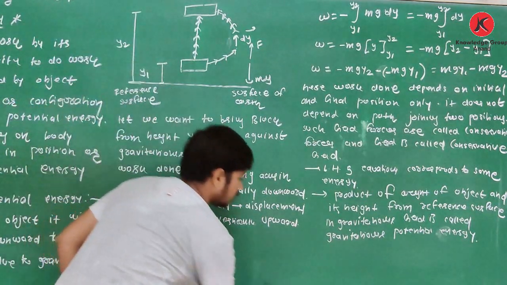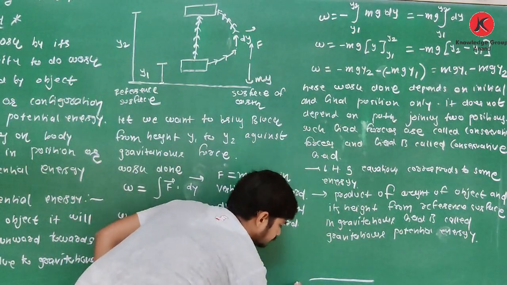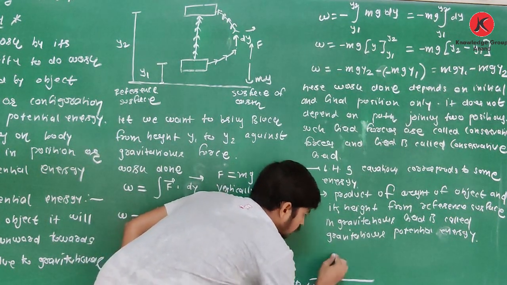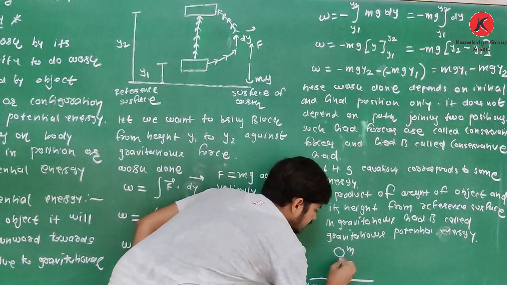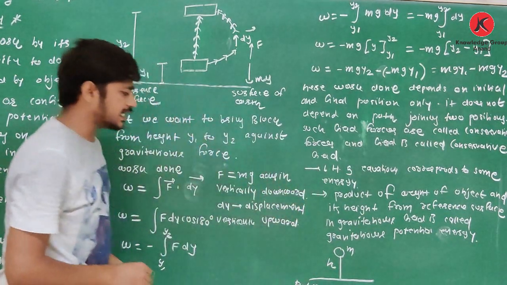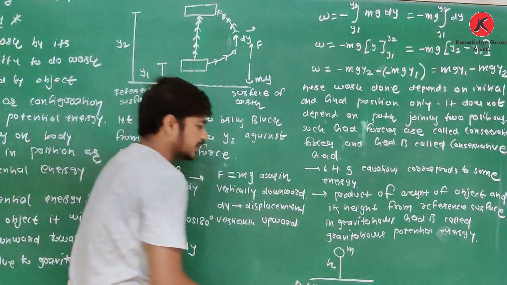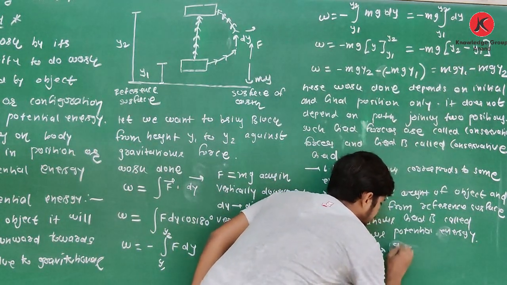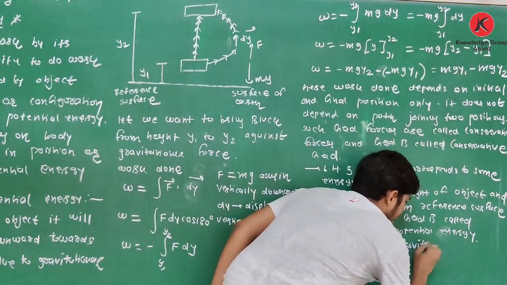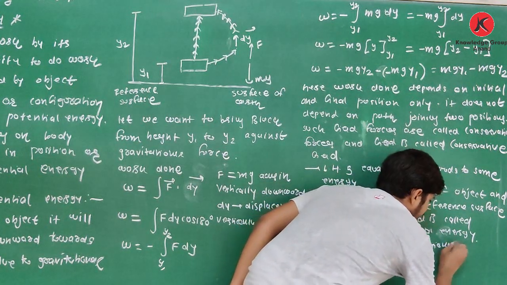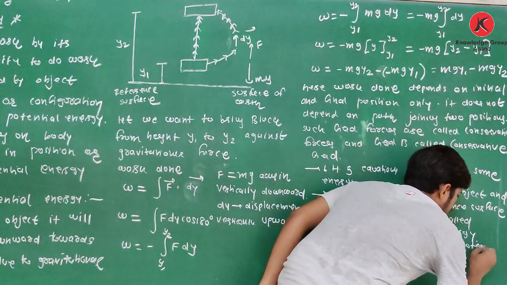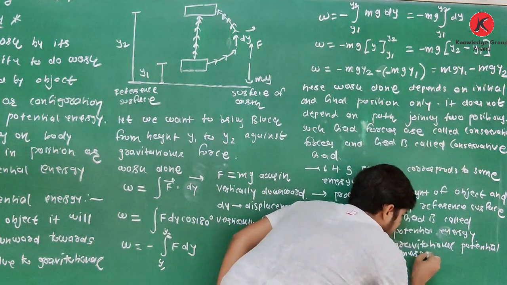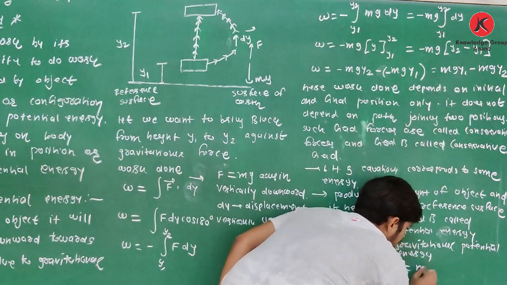If it is the surface of the earth, the reference surface, and one object of mass m is at height h, then what is the potential energy of this object? Gravitational potential energy U is equal to mgh.